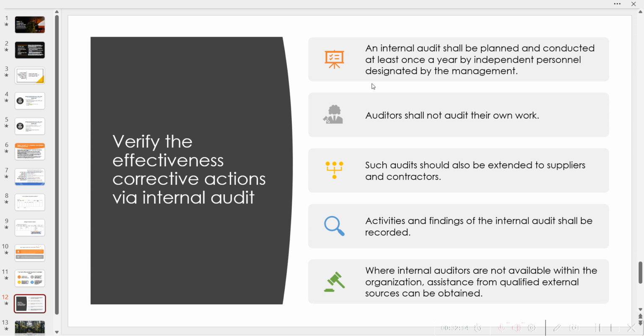Some audits can be extended to our supplier. For example, there are some cases where a supplier provides an ingredient, but the ingredient doesn't have a valid or genuine halal certificate. So you can extend an audit to your supplier. And from this internal audit, you need to carry out the audit activities and get the findings. When internal audit is not available, you can request from an external source, right?